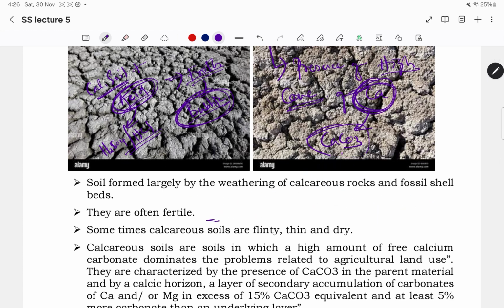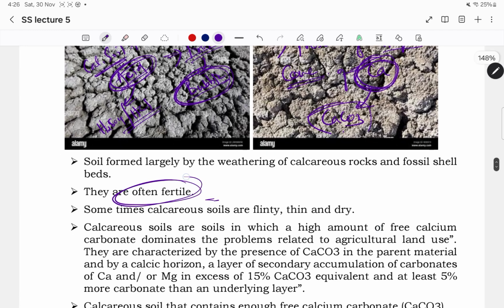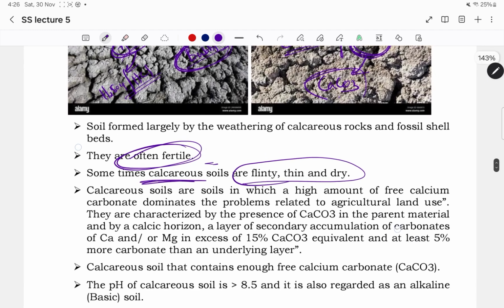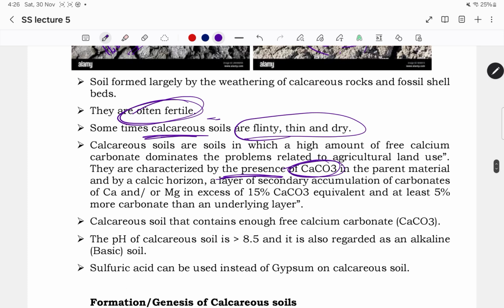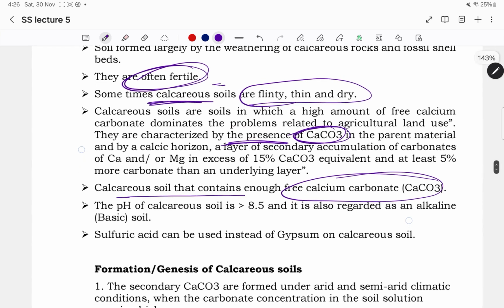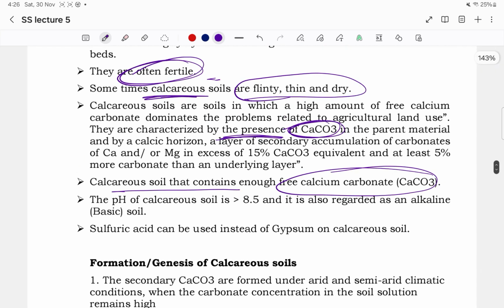They are often fertile. And sometimes the calcareous soils are flinty, thin, and dry. There is a high concentration of CaCO3, as we have already discussed. See here, the calcareous soil contains enough free calcium carbonates.